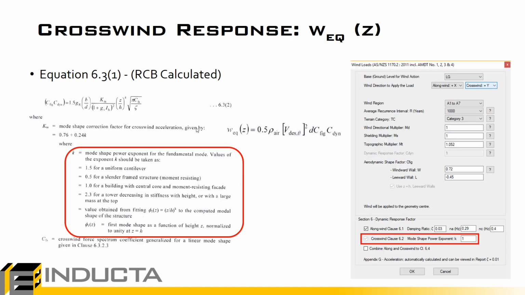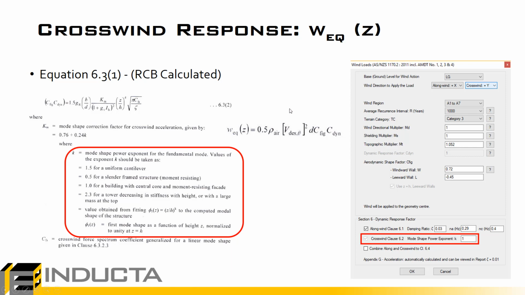The only other input, other than the along wind and crosswind natural frequencies, that is needed is this mode shape power exponent. This is simply one for our case, a building with a central core and moment resisting frame. Using these values, we calculate a C_fy, C_dyn value, which we then put into this equivalent crosswind force at height z.